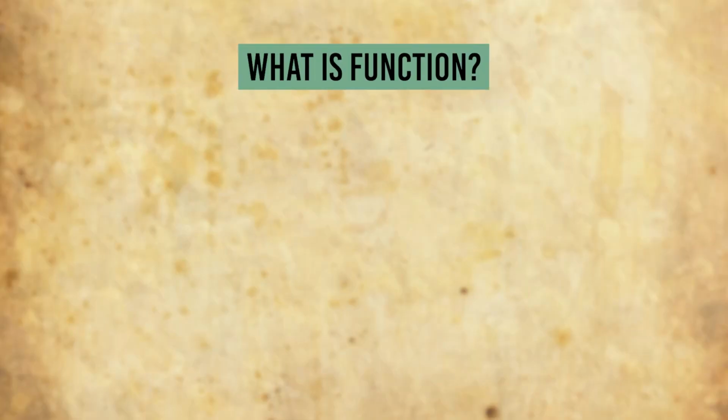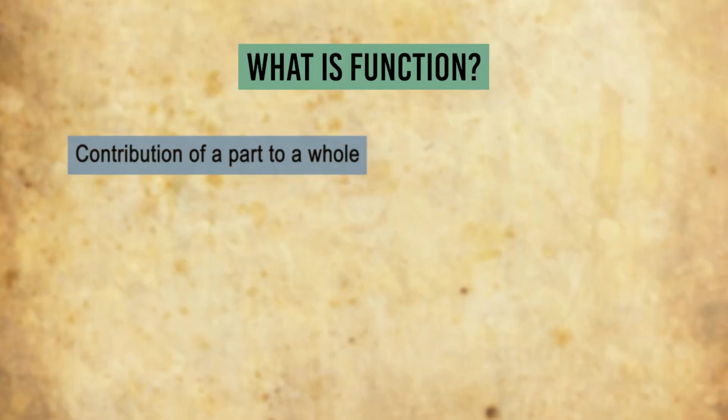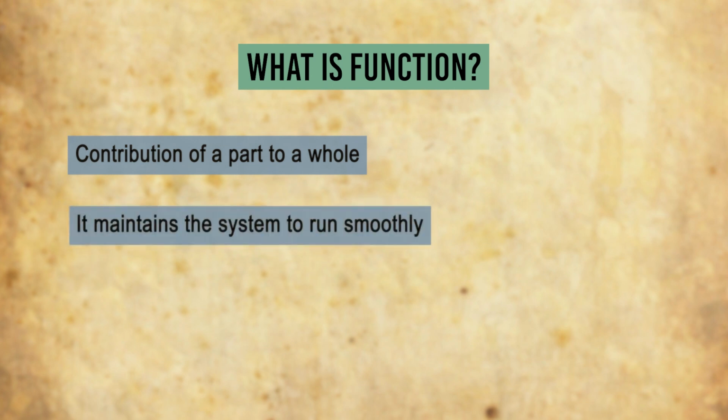So what is function? Function is the contribution of each of these parts to the social whole. What it does is it maintains the social system to run smoothly. Just like in our biological body, all the parts, the hand, the legs, the brain, the eyes, each of them have specific tasks or contributions or functions.